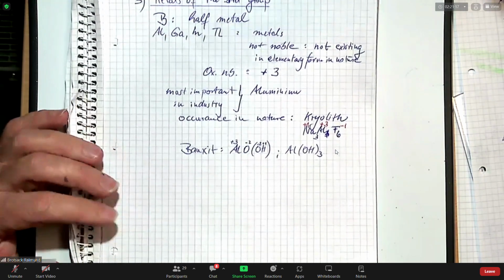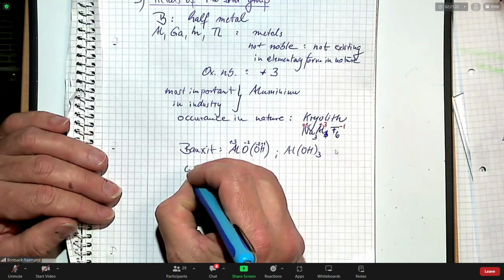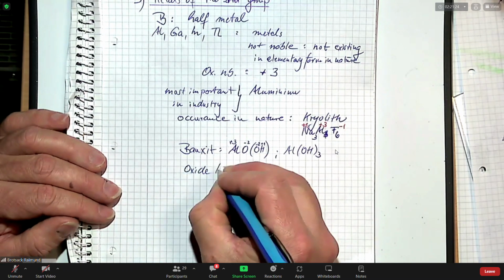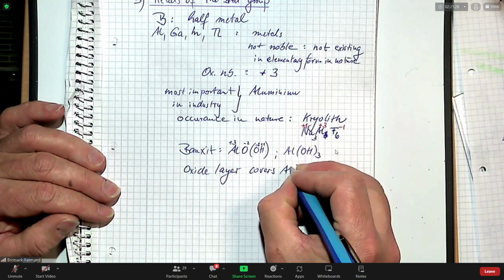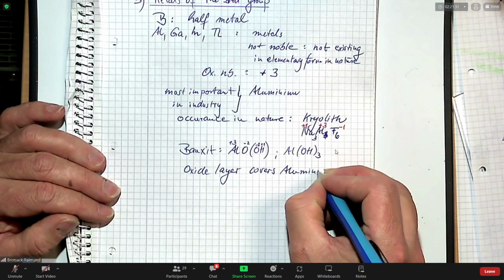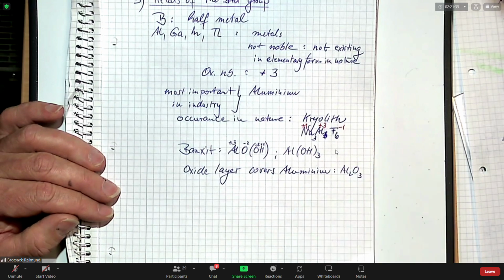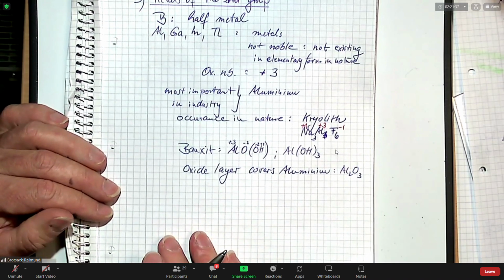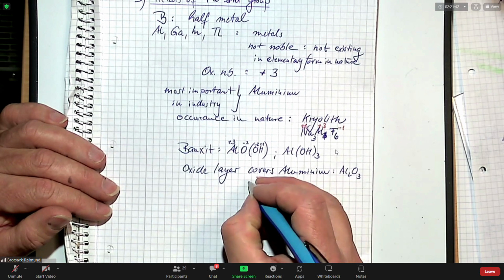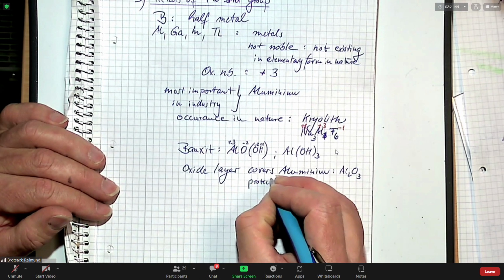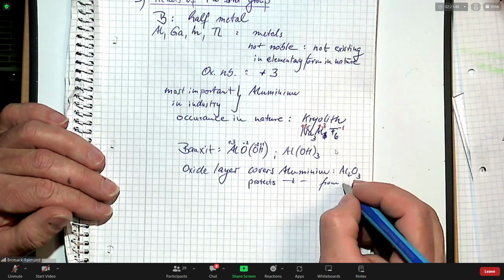We learned about the aluminium oxide. That is Al2O3, which covers the aluminium and protects from further oxidation.